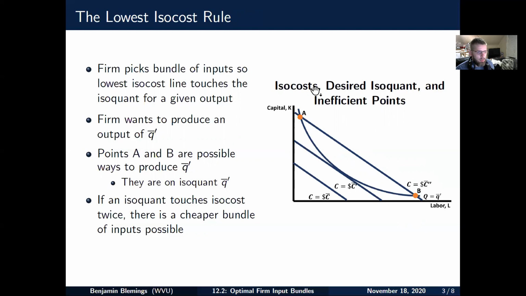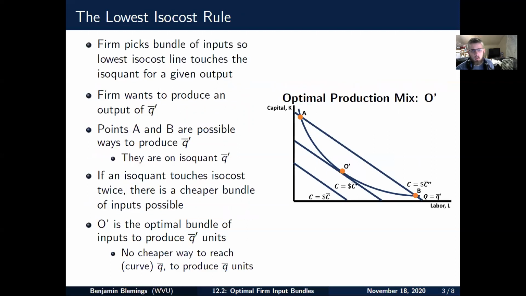But something that's happening with this isoquant crossing this isocost is it crosses twice. And that means that there's a cheaper bundle of inputs that you can use to produce the same amount of output. And so you're basically throwing away money by using these alternative production bundles.